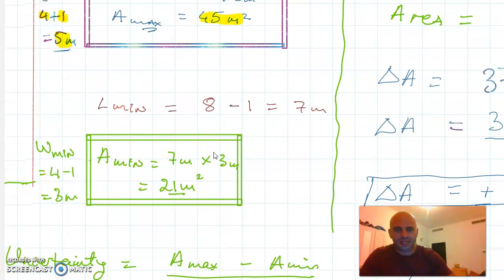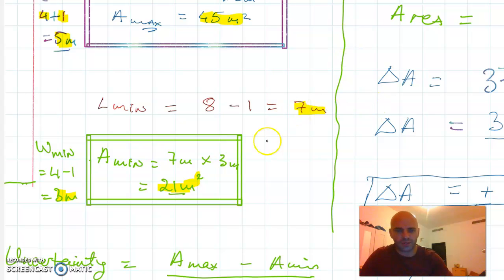Then, of course, you do the exact same thing for the minimum. The minimum length would be 8 minus 1, which is 7 meters, and the minimum width would be 4 minus 1, which is 3. So the minimum possible area would be 21 meters squared.